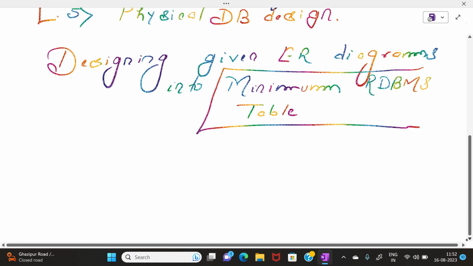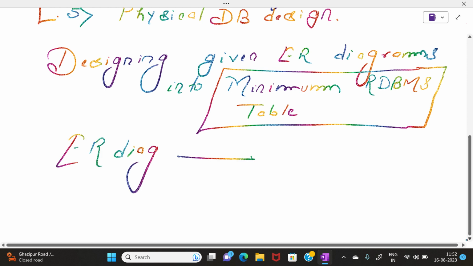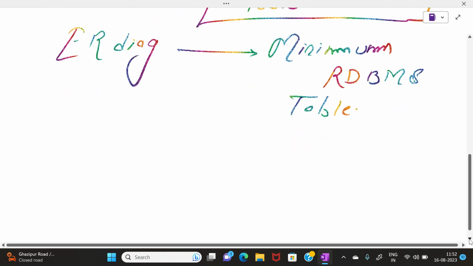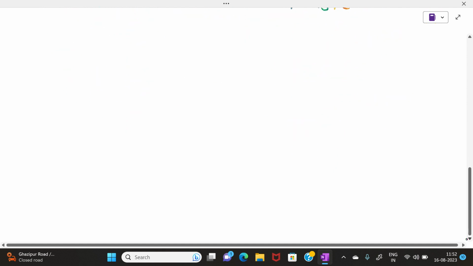This is our requirement. Now what is this minimum? We are going to learn about that. Basically the ER model gets converted into the tabular model, that is the RDBMS tables. So let's see this with an example.